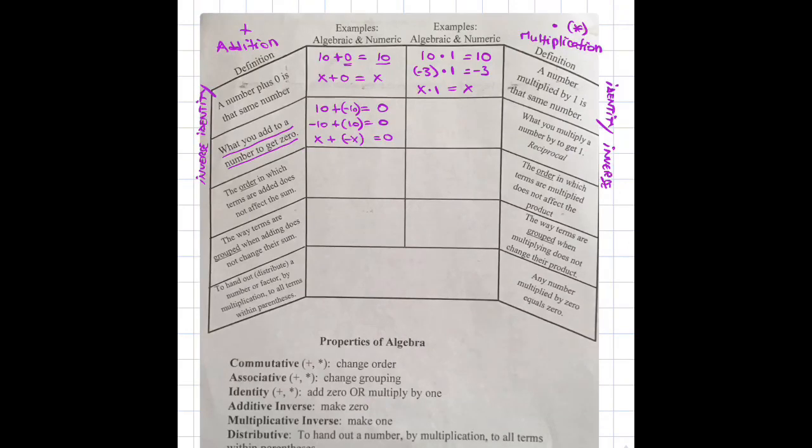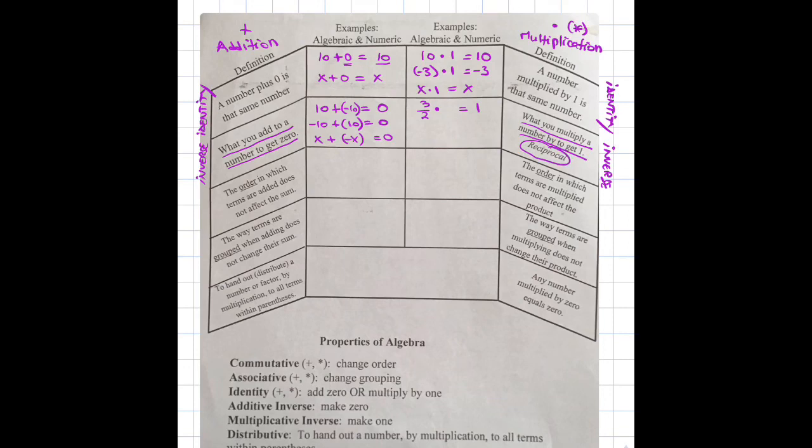For multiplication, similarly, I start with a number, let's say 3 over 2. I have to multiply something to that number to get 1 this time. Remember, 1 is the identity of multiplication. In this case, I have to multiply by its reciprocal.